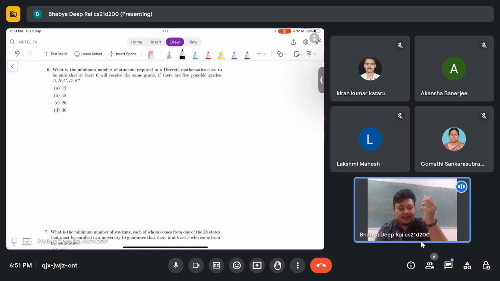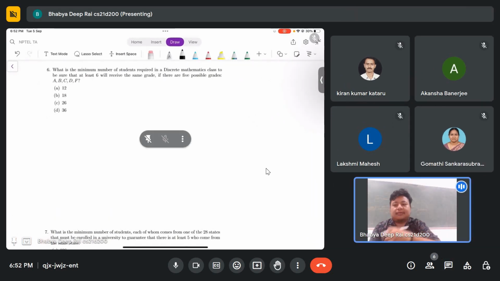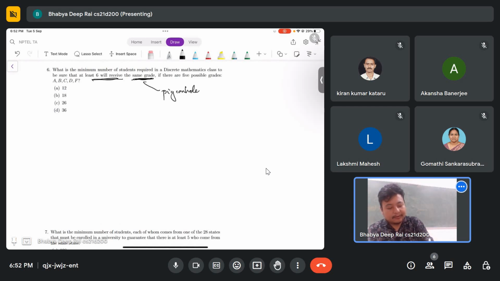Now the suggestion I give here is always this: wherever objects share the same place, for example 6 students sharing the same grade, make that shared place your pigeonholes, and whoever is sharing, make them the pigeons.